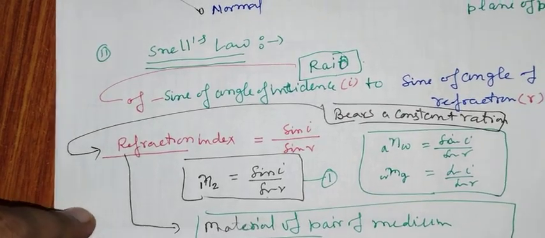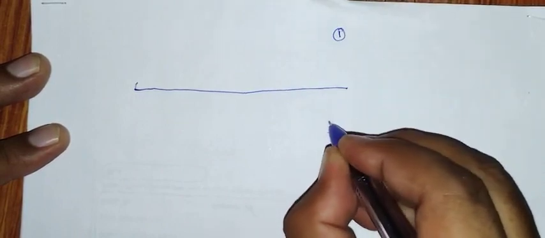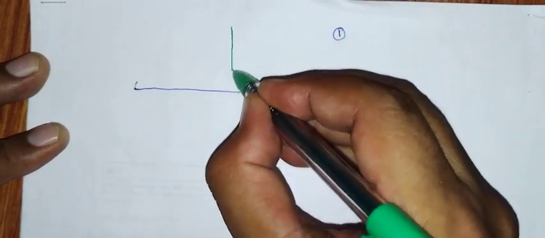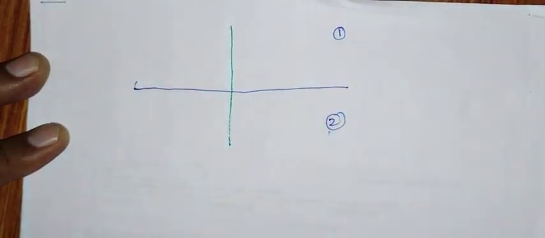So see this. Suppose this blue line divides two optical media, 1 and 2. Let this perpendicular line be the normal.